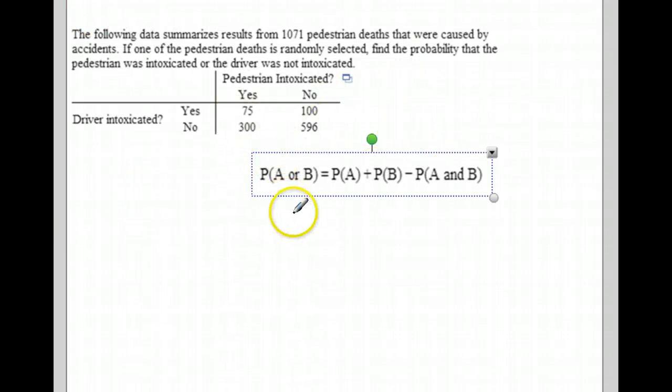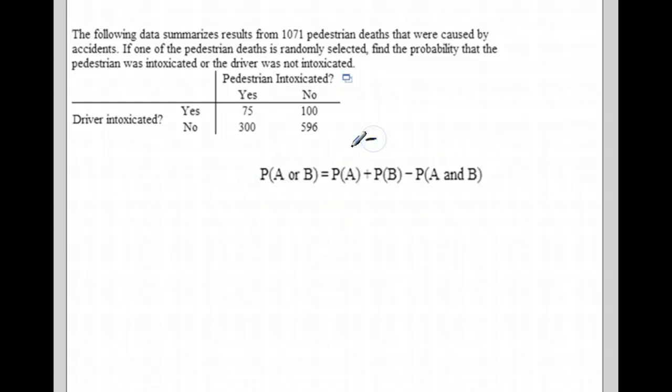Alright, this one's going to use the rule for OR probabilities. The following data set summarizes the results of 1,071 pedestrian deaths that were caused by accidents. If we pick one of these deaths randomly, find the probability that the pedestrian was intoxicated or the driver was not intoxicated.